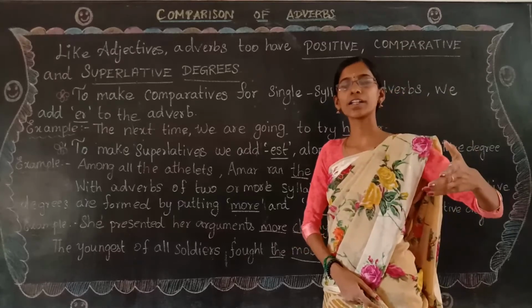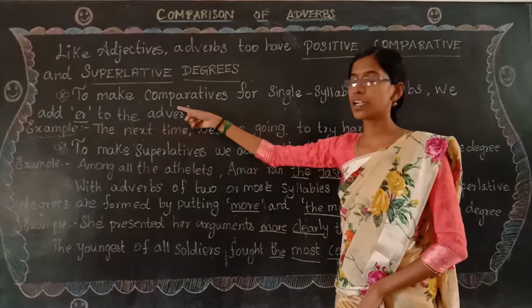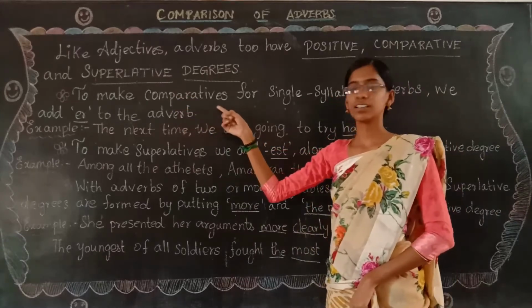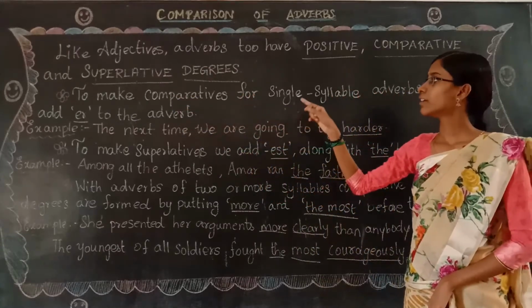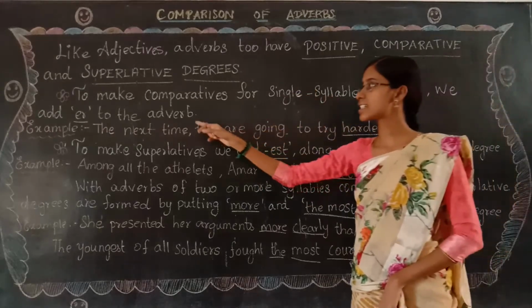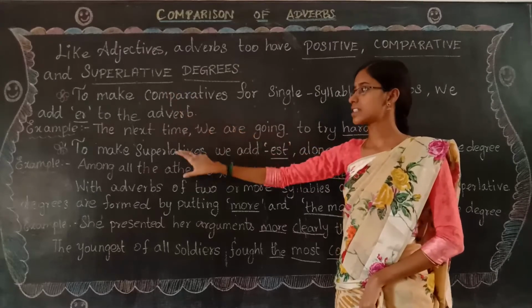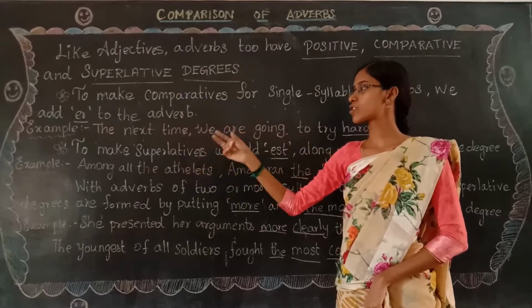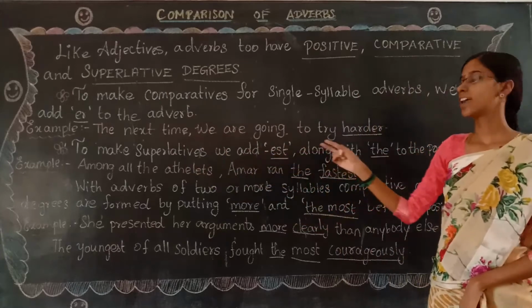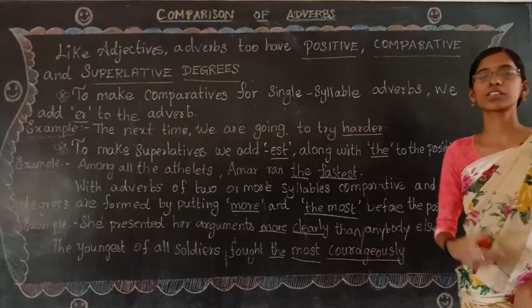It changes according to regular and irregular forms. Coming to the first rule, if it is a single syllable adverb, you can easily add er to the adverb. This is our first rule while comparing. Then the second rule is that when you are making a superlative degree, we add est along with the in front of the positive degree.